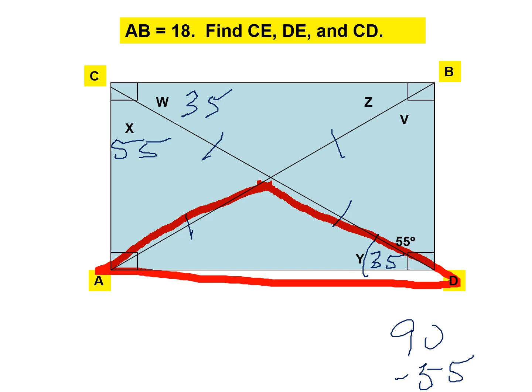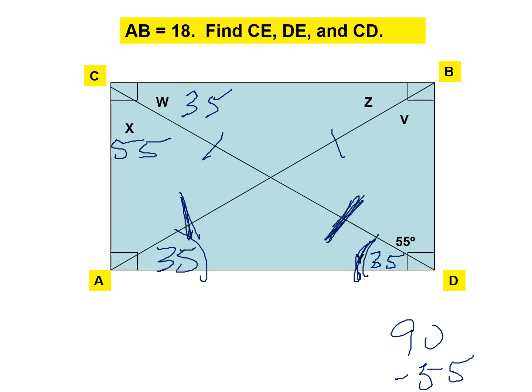Remember isosceles, 2 matching legs and 2 matching angles. So I'm going to have 35 here and 35 right here. Because this is an isosceles, those little diagonals cutting each other into equal pieces makes those match. So it also matches on the other triangles.